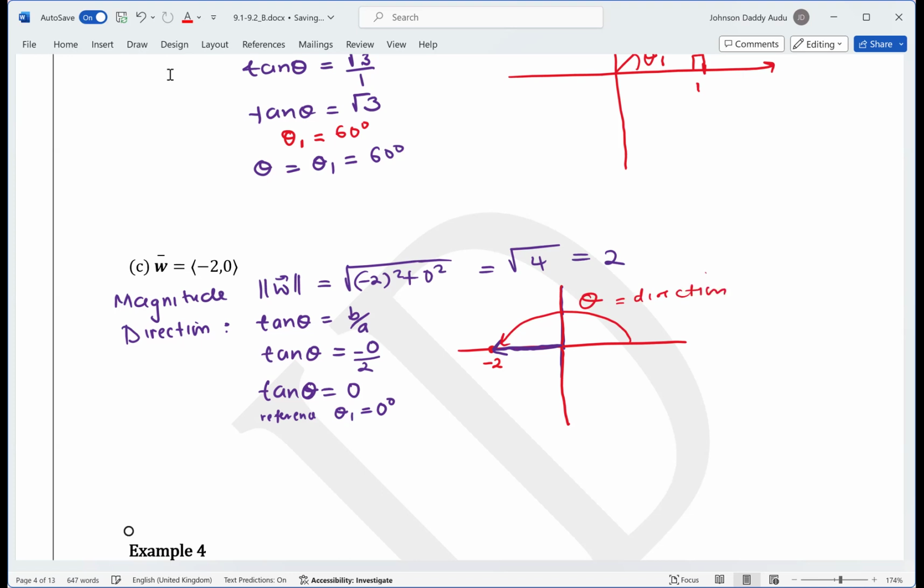And what do you think the direction will be in this case? So definitely our direction is just going to be 180 because that is theta. So theta is equal to what? 180 degrees. That is the direction, theta.